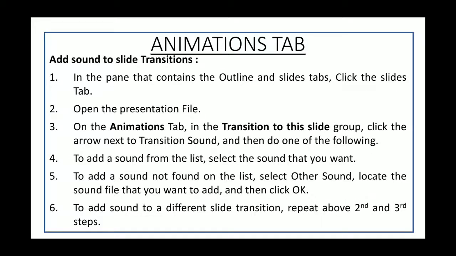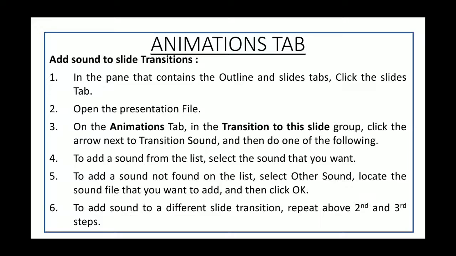In a similar way, you can set sound for the slide transitions. You can add sound to slide transitions. The steps are: in the pane that contains the Outline and Slides tabs, click the Slides tab.